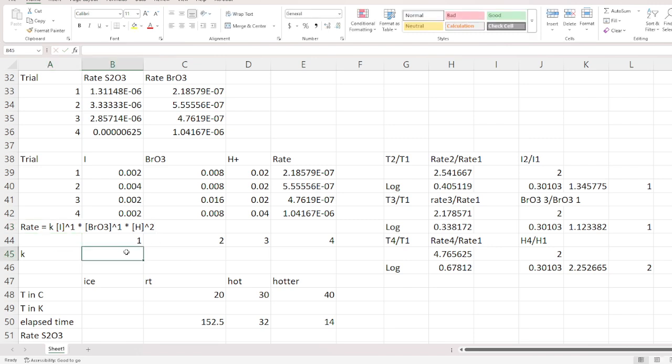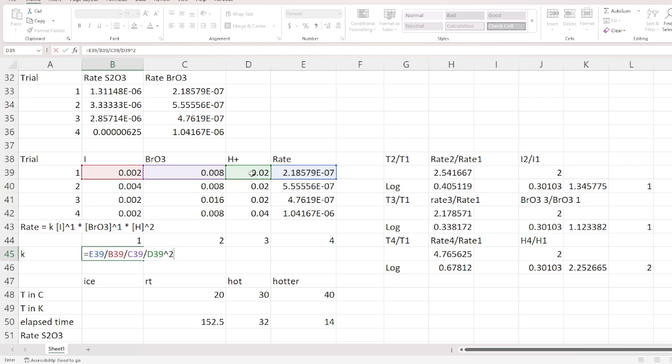So with that in mind, to get the k, we are solving an equation, so rate equals this. And I have concentrations. So to find our k for trial 1, I'm going to say equals my rate, divided by my I concentration, divided by my bromate concentration, and divided by my H plus concentration squared.